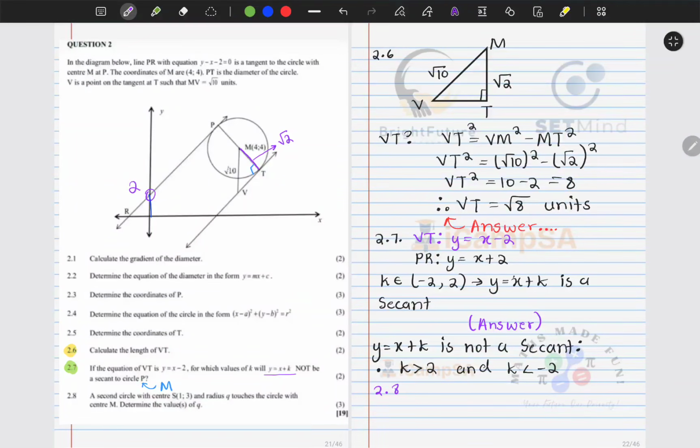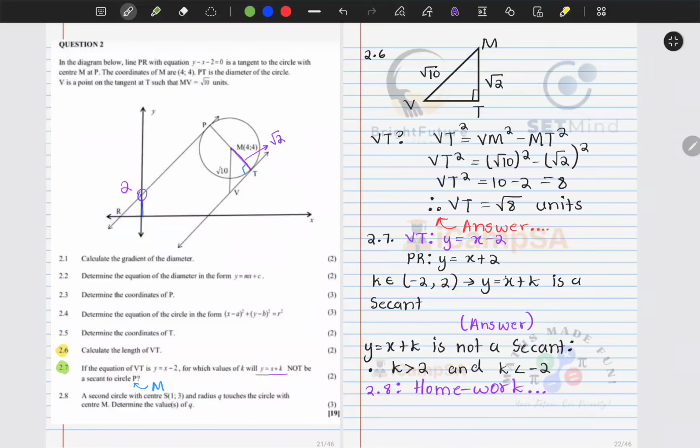Let's see what you get. Go and try this as homework and share your answers on the values of q which you found.